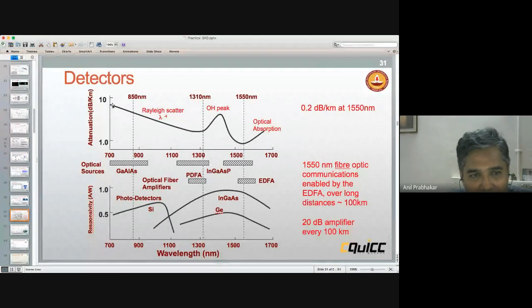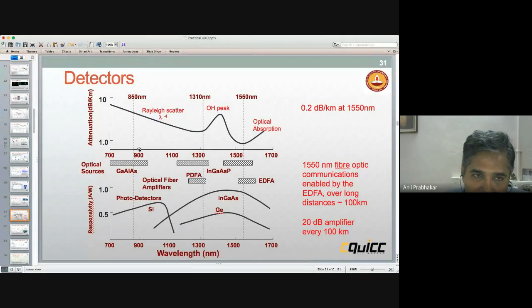And this graph actually goes down till about 1600 nanometers and then starts going up again, right? The reason it goes down is because there's Rayleigh scatter, which is inversely proportional to the 4th power of the wavelength. And that's what this curve is. In the middle out here around 1400, there is an OH peak or a water peak. So there is some residual water molecules in the fiber and they absorb light.